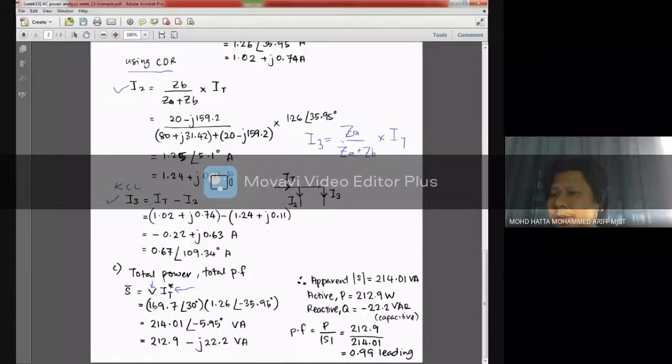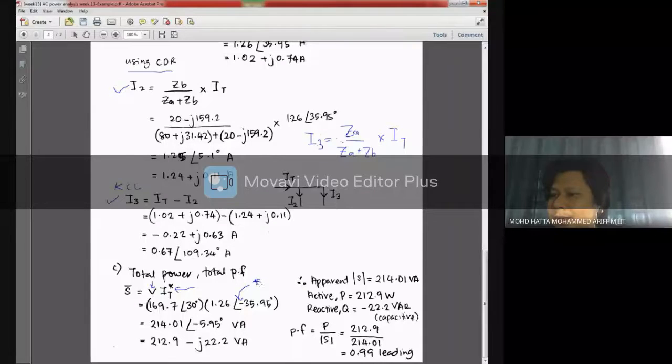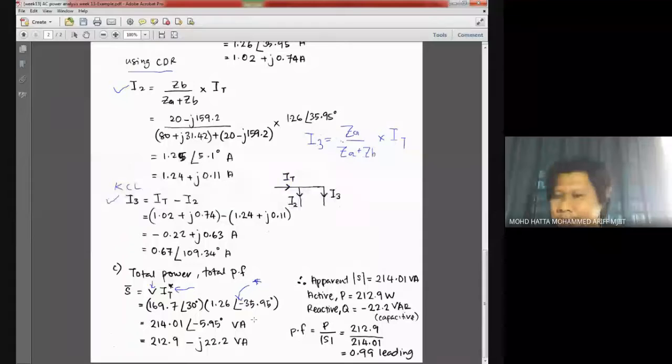So 169.7 with the angle of 30 degrees times 1.26. Here is the conjugate effect: we have negative 35.95 degrees.